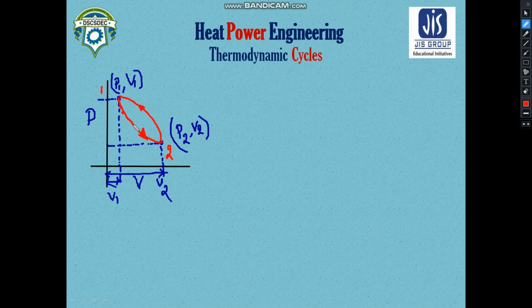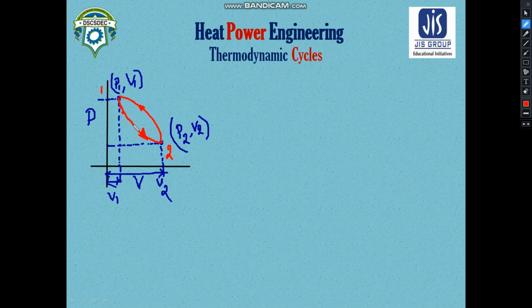So thermodynamic cycle means the initial condition and the final condition of the system should be exactly as it was earlier. The state parameters will always be equal.